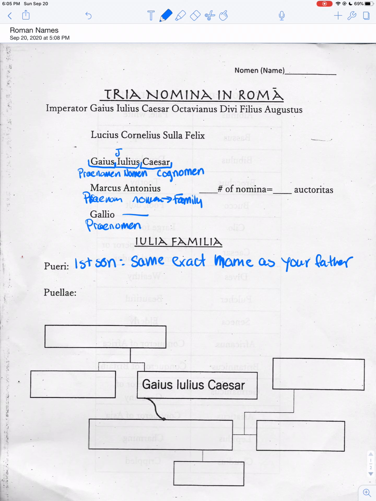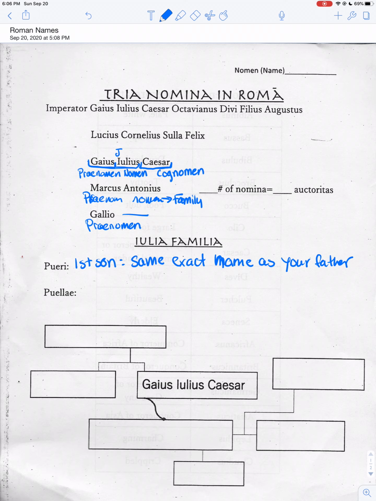So Gaius Julius Caesar, his father would have been what? Gaius Julius Caesar. So they had the exact same name, and that's why they added a third part, because sometimes... Gaius Julius.